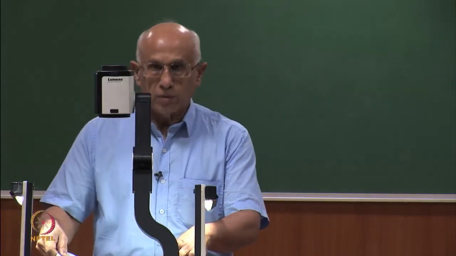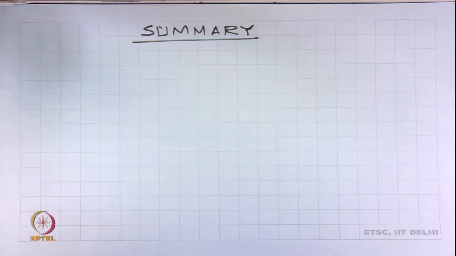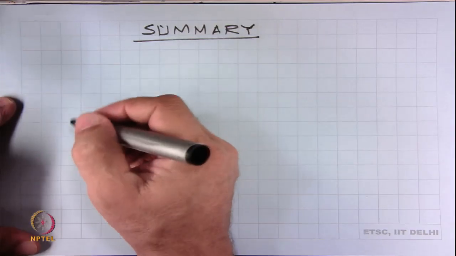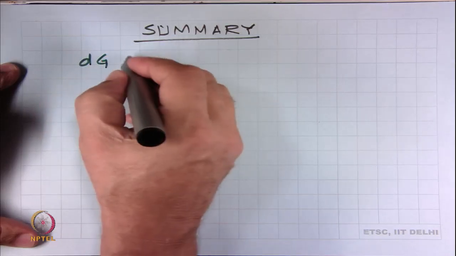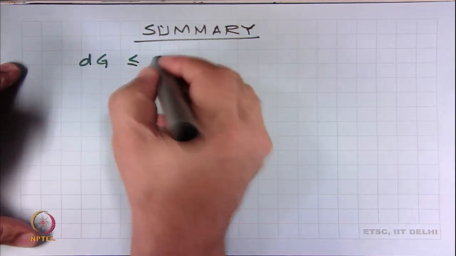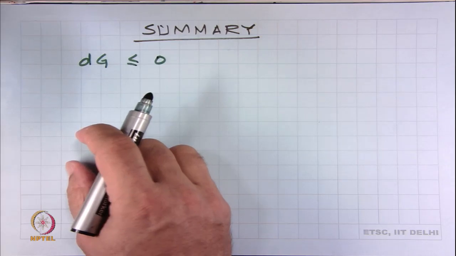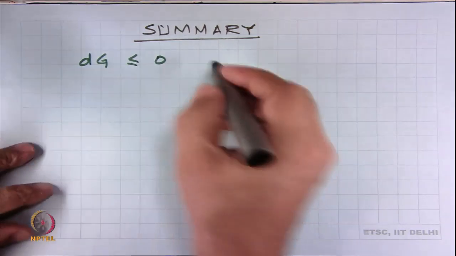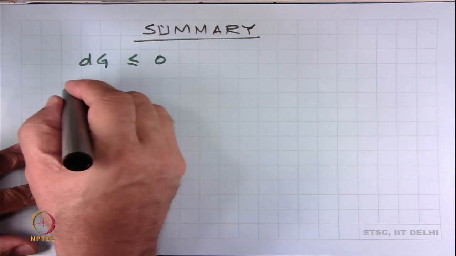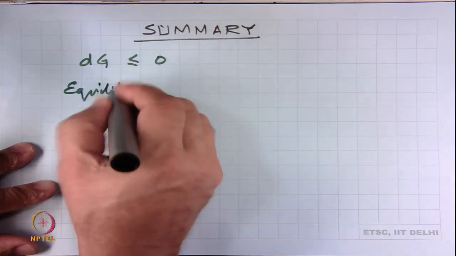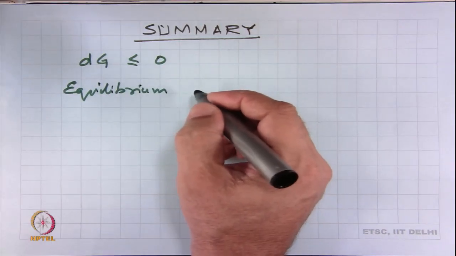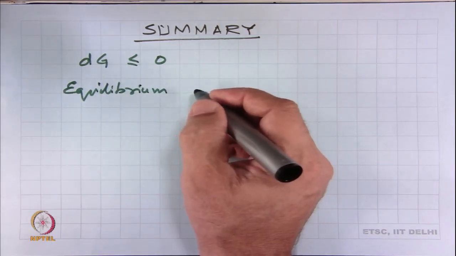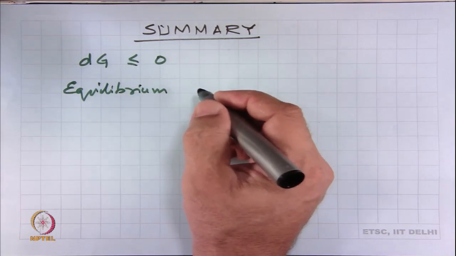So, we can now summarize what we have. We started off by looking at 3 different systems, and for all cases we said that delta G less than 0 is where the processes will take place, and the condition for equilibrium, whether a reacting system, a two-phase single component system or a two-phase multi-component system.